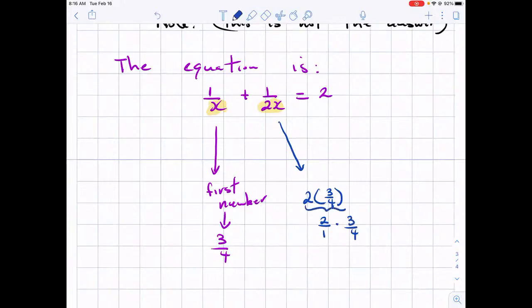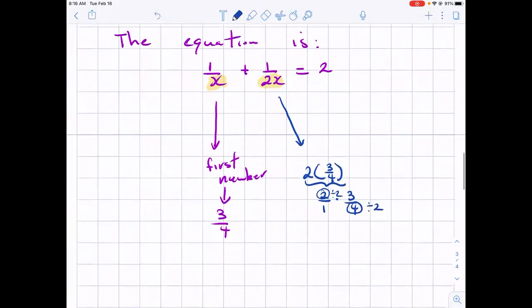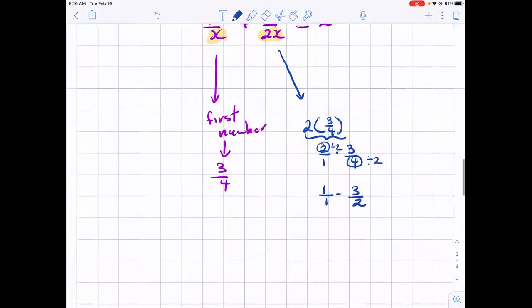And notice you can simplify by dividing top and bottom by 2. So this becomes 1 over 1 times 3 over 2. 1 times 3 is 3. 1 times 2 is 2. And there we have now our two numbers.